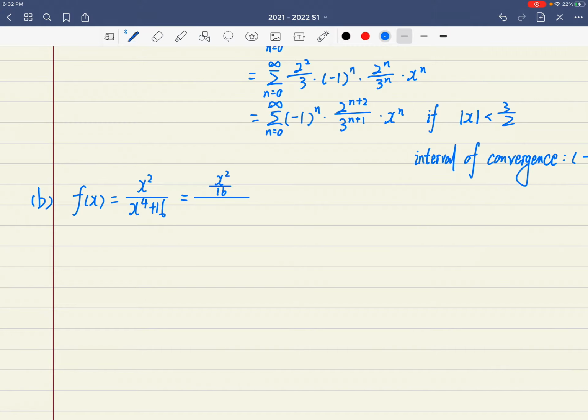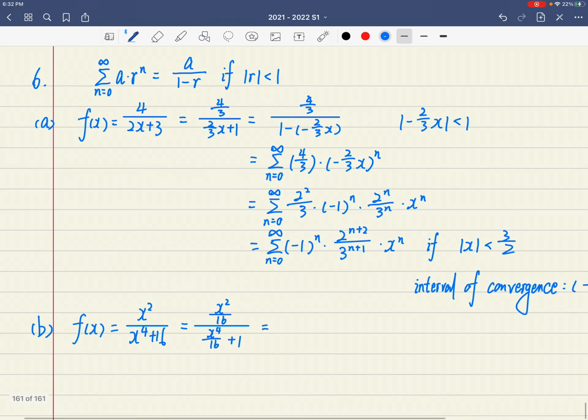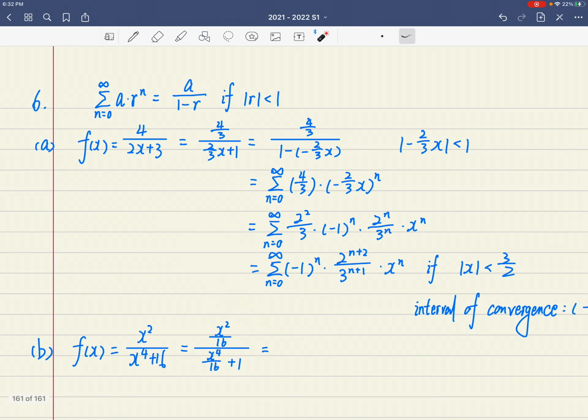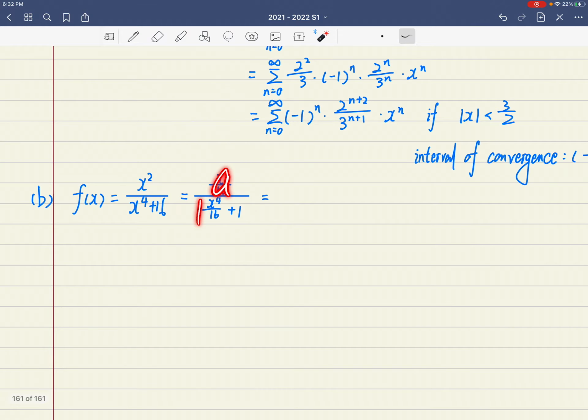I divide the bottom by 16, I get this. Right? So now my top is my a. At the bottom, I want it to be 1 minus r. So this is my a, and this is 1 minus negative x to the power 4 over 16.